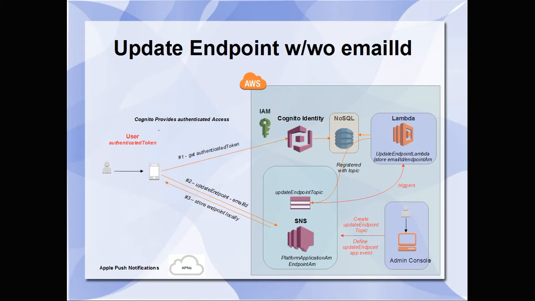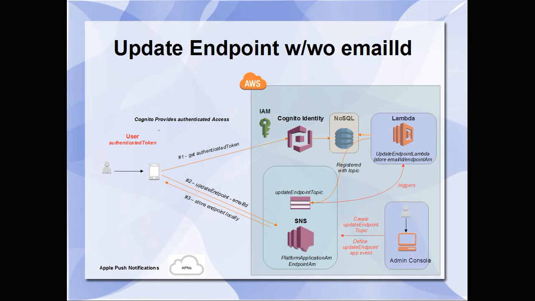Now remember, as an anonymous user, I didn't have the email yet. We were setting up to subscribe to topics within SNS, but as an authenticated user, you actually get a token from Cognito Identity. You're authenticated, so you can now update an endpoint with the email ID and store the endpoint locally.